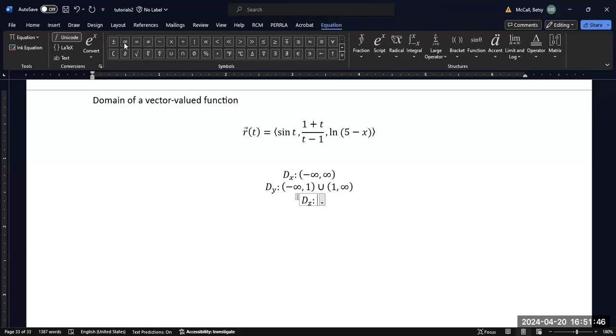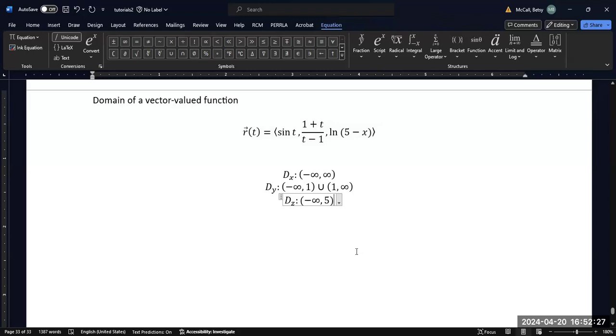You can easily see if you graph this, if you're not completely certain, that it's going to be defined from -∞ to 5. Normally we would expect it to be from 5 to infinity if this was x minus 5, and open to the right. But in this case, because it's 5 minus x, it's going to open in the other direction. We're going to need x to be smaller, values smaller than 5 for this to be defined.